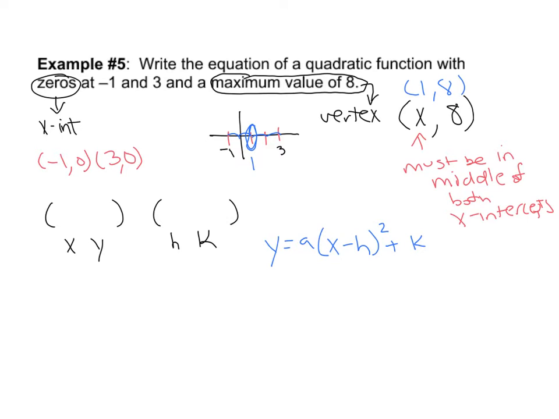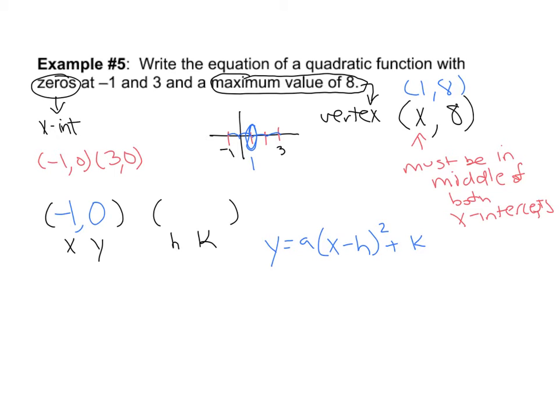Okay, so to write this out, we need 1 point. Luckily for us, we're given 2. So you can pick your poison, essentially, whichever point you want to make this work with. Let's just say I'm going to pick the first point, -1, 0.